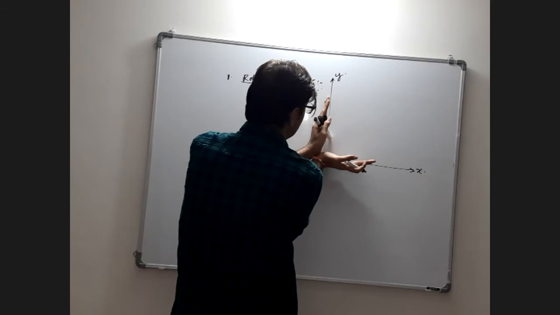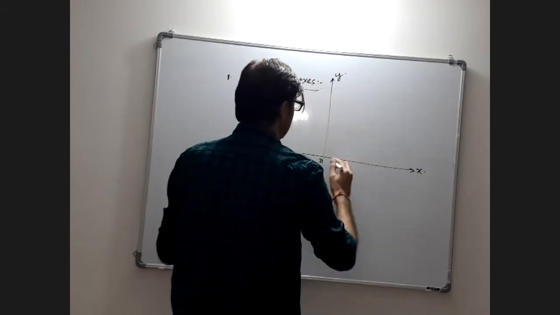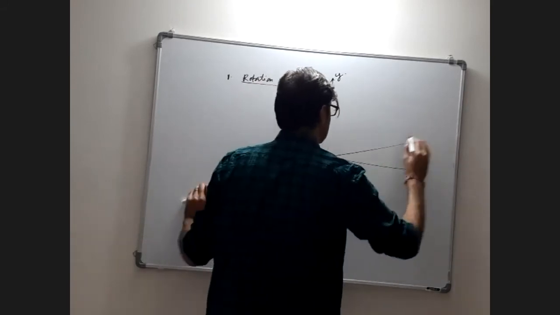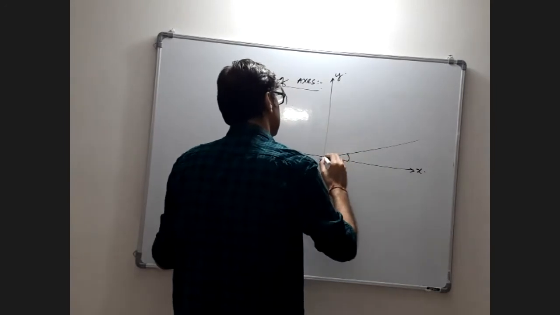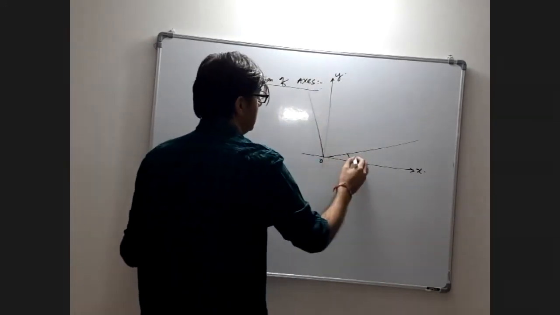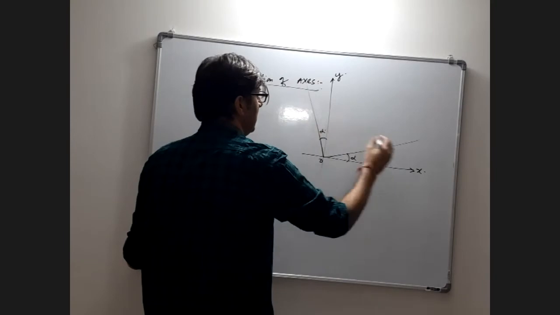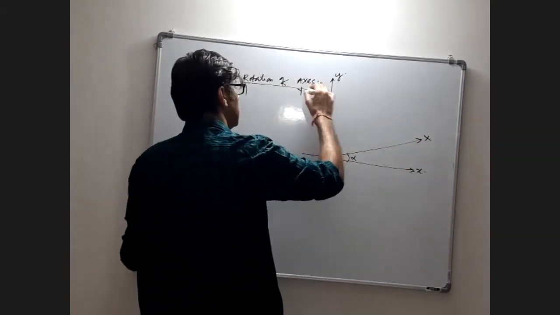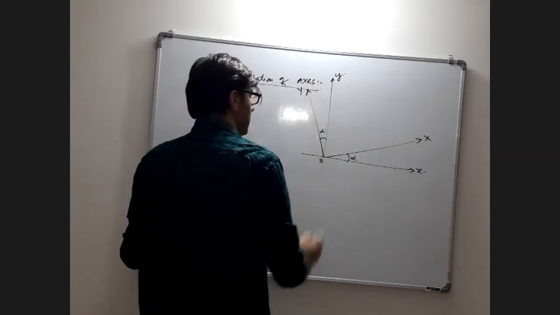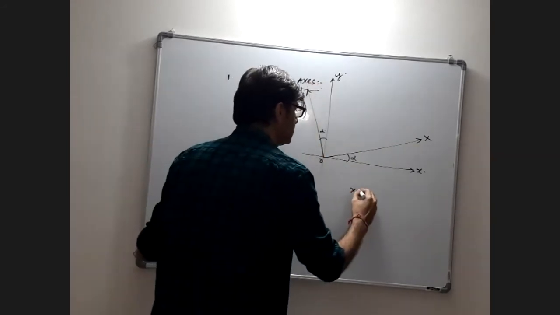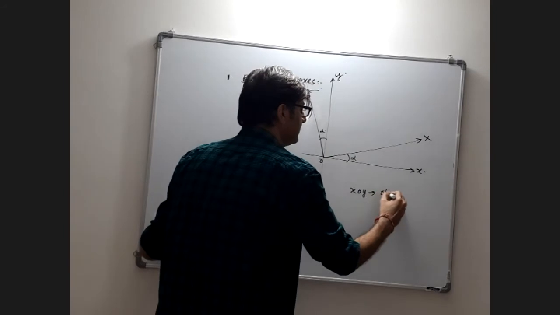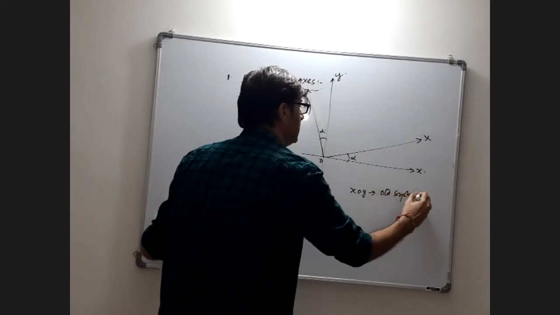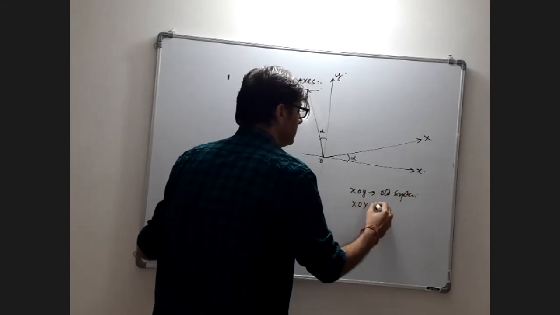But what I'll do is rotate this system through a certain angle alpha, and here also this will be alpha, this is also alpha. This is the new axis, capital X, and this is the new axis, capital Y. So it is X, O, Y, the new system. This is X, O, Y, the old system, and X, O, Y, the new system.